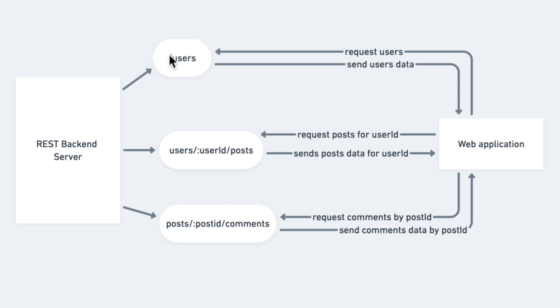I want to request from my application for all of the users from this endpoint. Well, this endpoint would process whether or not I, on my front-end application, am allowed to access all of these users, like any of the data that I'm requesting. And then if the code that somebody wrote on the backend authorizes us and says, okay, that's cool, then it's going to send us back all of the data related to all the users that we requested.